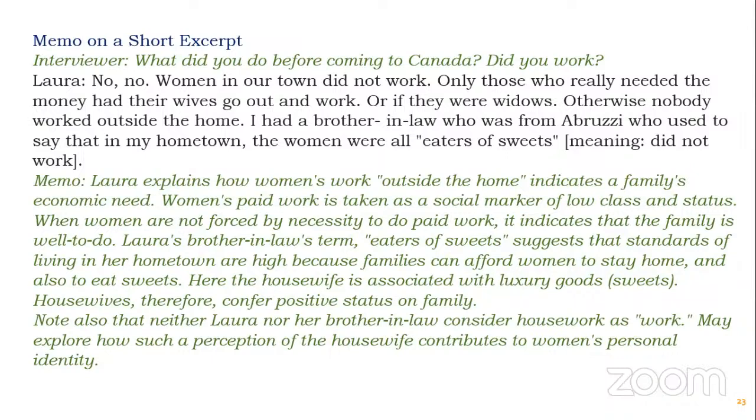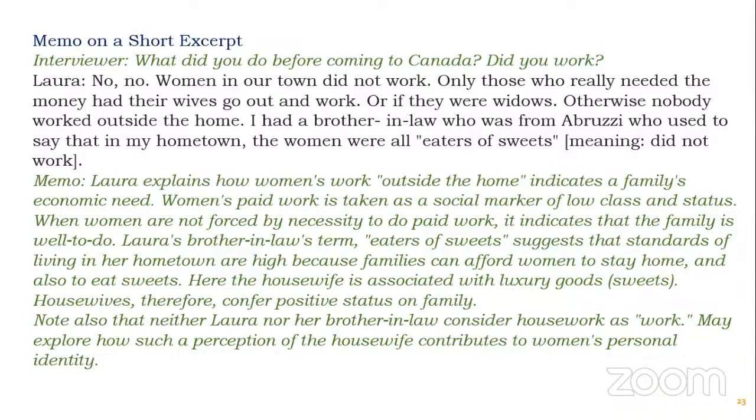Here, the housewife is associated with luxury goods. Housewives, therefore, confer positive status on the family. Note also that neither Laura nor her brother-in-law consider housework as work. May explore how such a perception of the housewife contributes to women's personal identity.